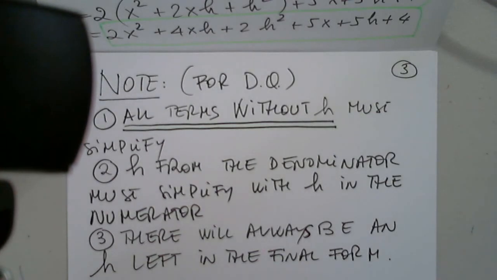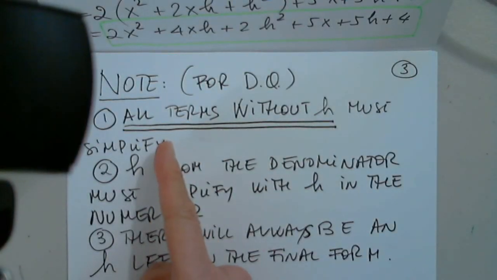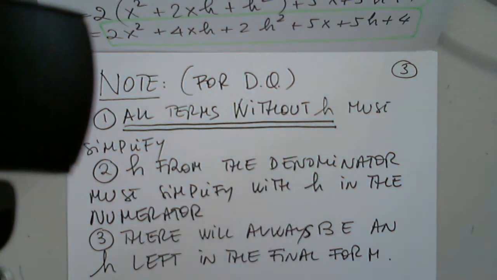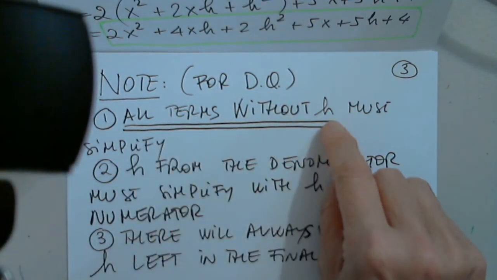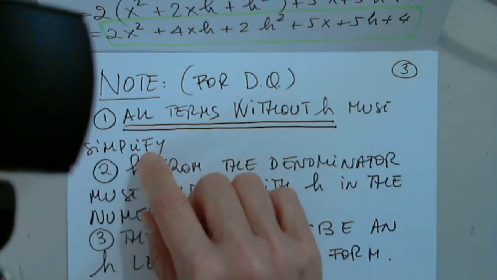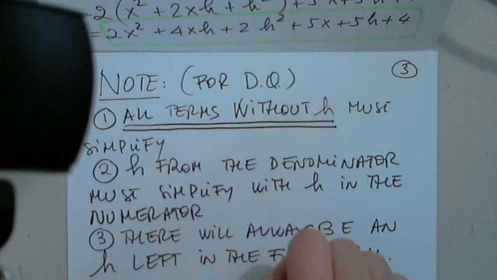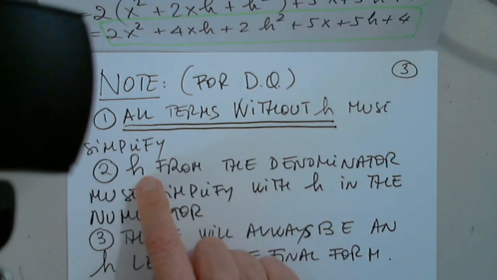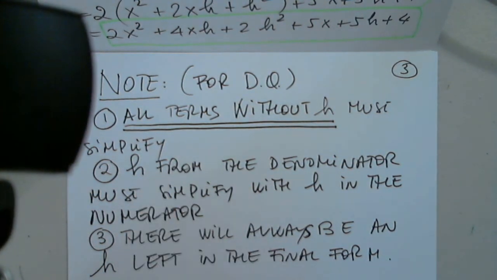That sounds like gibberish. So when I start putting the difference quotient together, because I have to determine it and simplify it, all terms without h must simplify somehow. I cannot erase them. I cannot disregard them. They must simplify. h from the denominator must go away somehow, not with magic, but legitimately. And there will always be an h left in the final answer.